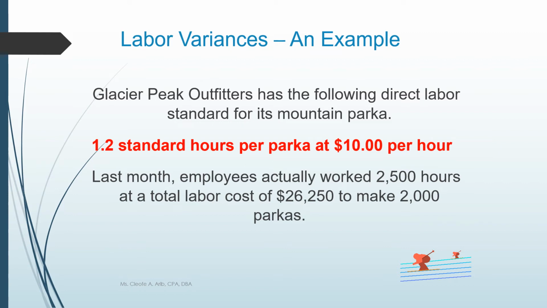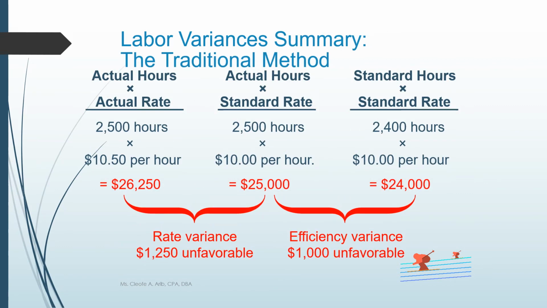And then Glacier paid how much labor cost for the 2,500 hours? Glacier spent $26,250 for the 2,500 hours. So using yung given, let's now compute your labor variances using the traditional method.